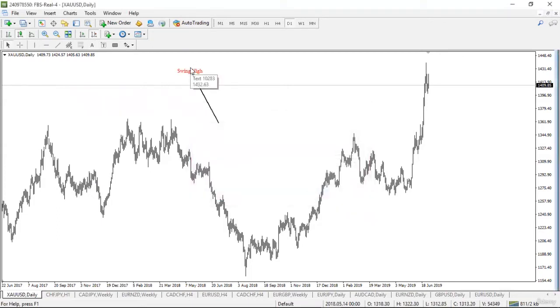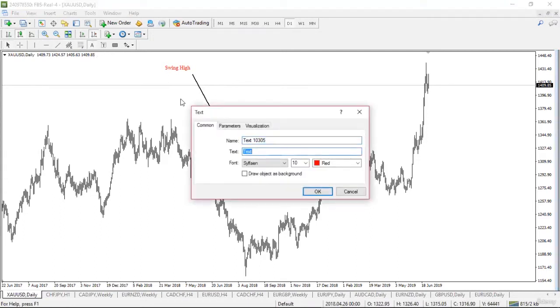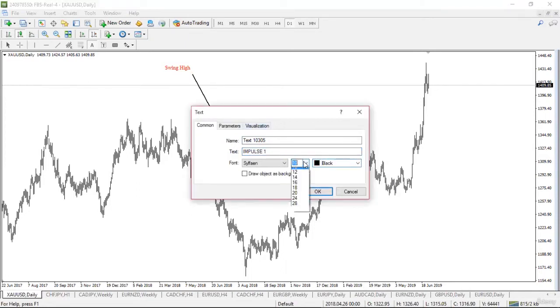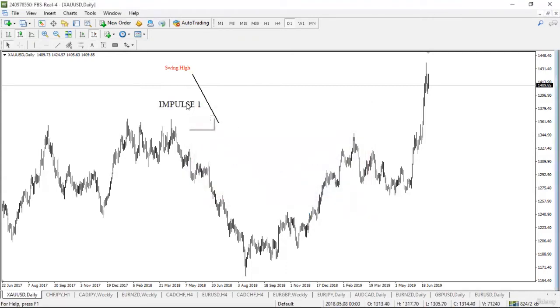So this leg going down is your impulse. These are impulse moves. It's your first impulse, the moves that are going in the direction of the trend. So this is your impulse move. I'm just going to label it impulse 1. Just change the color also. So this is impulse 1 in the direction of the new trend.